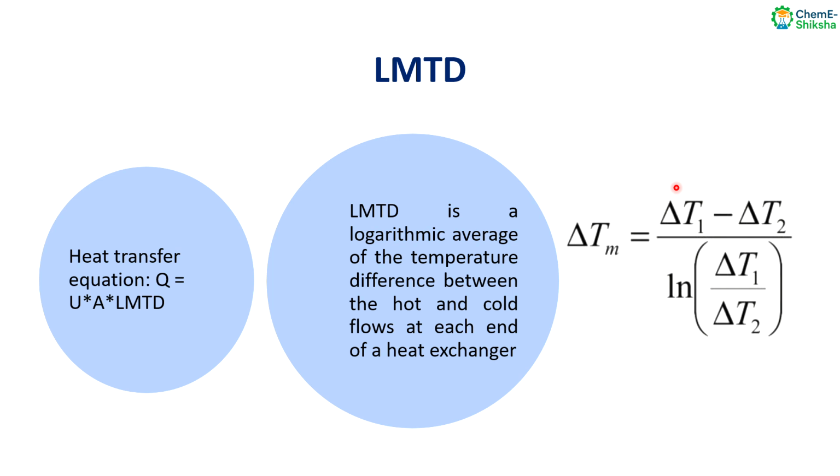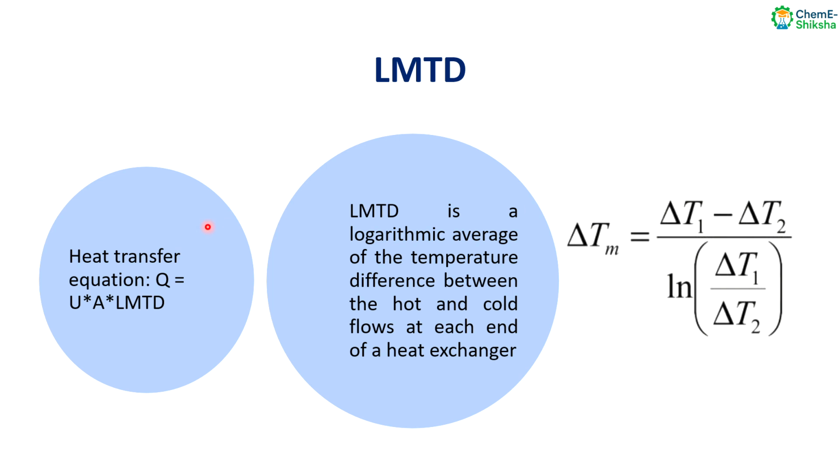We also have the AMTD, the arithmetic mean temperature difference, that means the actual mean of the difference between the hot and cold fluid. But we don't take the AMTD, rather we take the LMTD, or the logarithmic mean temperature difference.